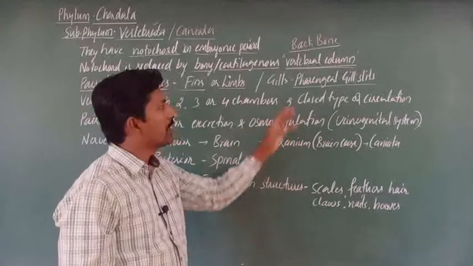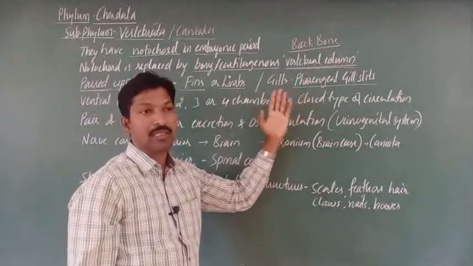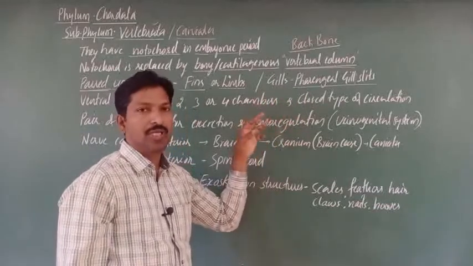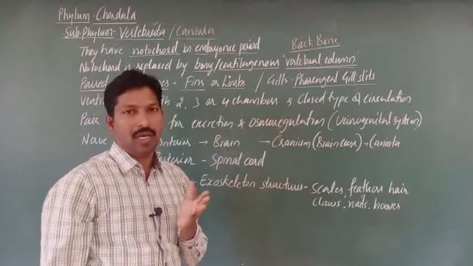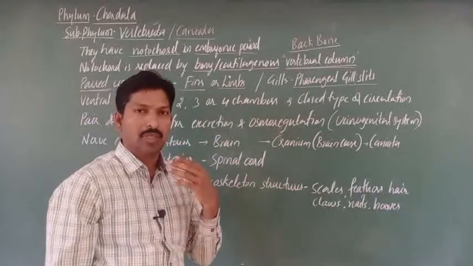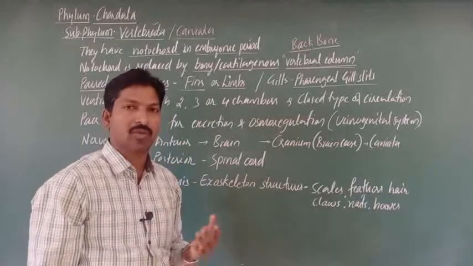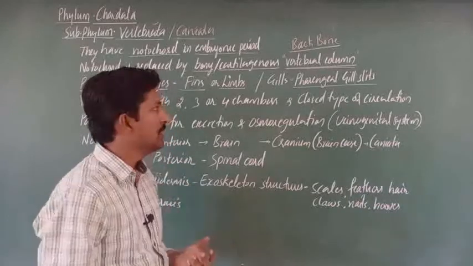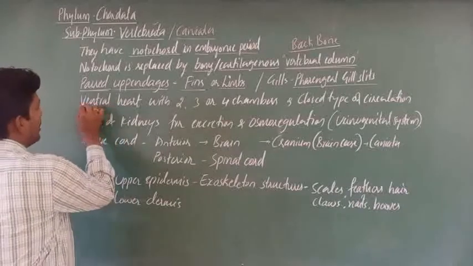At least in the embryonic stage we observe this. These structures are present permanently in aquatic animals, while in higher vertebrates they may be modified, undergoing metamorphosis, and the lungs are formed. So now the next point is the presence of a ventral heart.